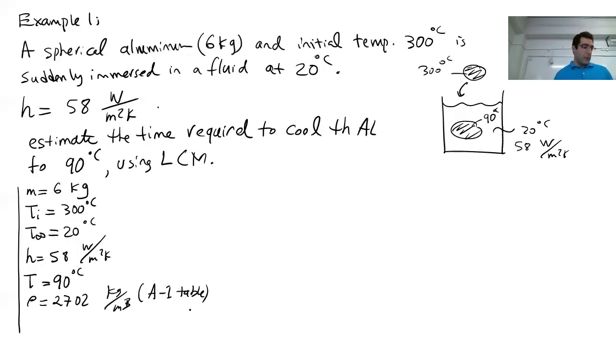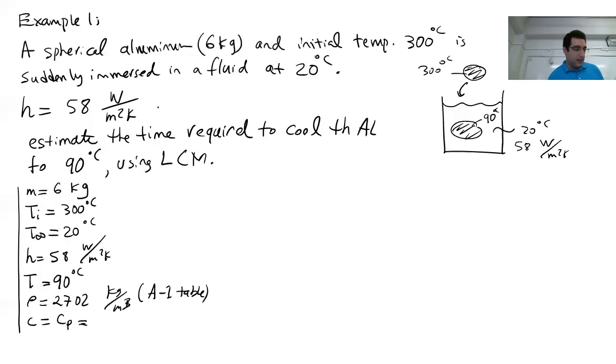Okay. C is given. For solids and liquids, Cp is equal to C. We don't have a specific heat at constant volume versus constant pressure, which we have in thermodynamics, but not for incompressible fluids.